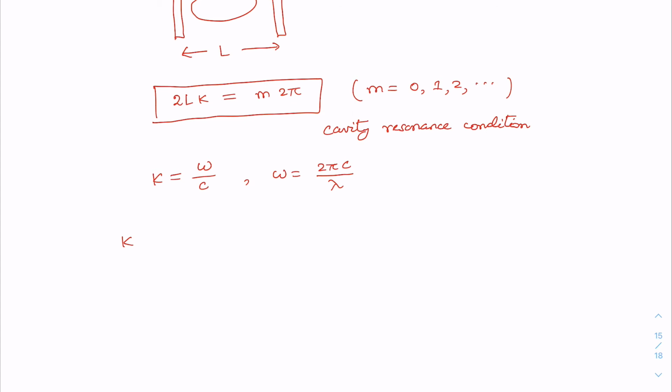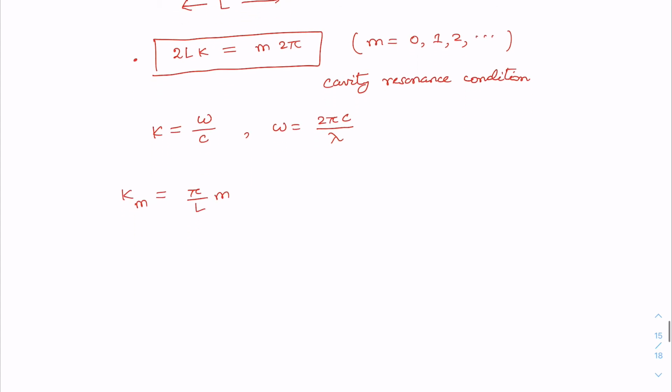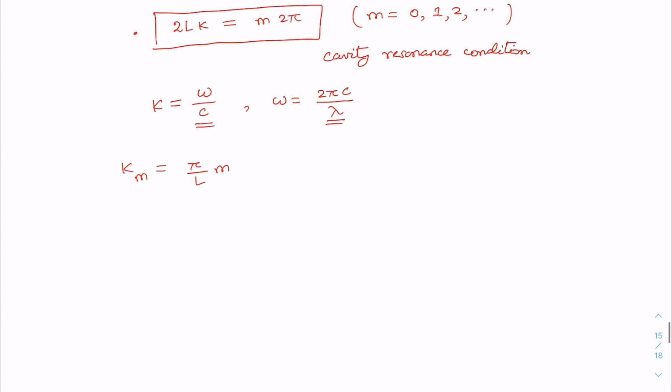For example, the cavity allowed wave number from this relation would be k_m equal to pi by L into m. Then using either omega or lambda, we can have cavity allowed wavelengths as lambda_m equal to 2L divided by m.